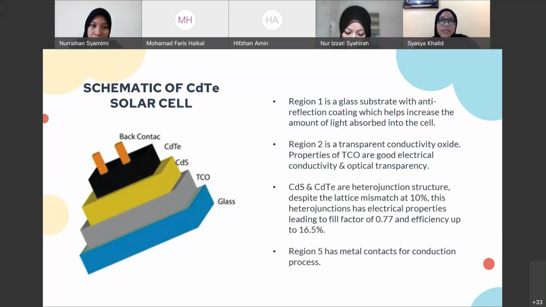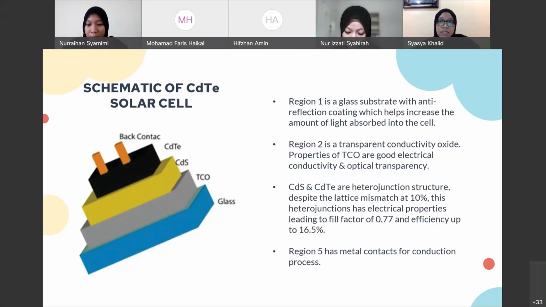Just now, Norahan Shamimi mentioned the structure of the cadmium telluride solar cell. Here, I laid out the schematic of a typical cadmium telluride solar cell. As we can see, the first region is a glass substrate with anti-reflection coating, which helps increase the amount of light absorbed into the cell. The second region is a transparent conducting oxide.